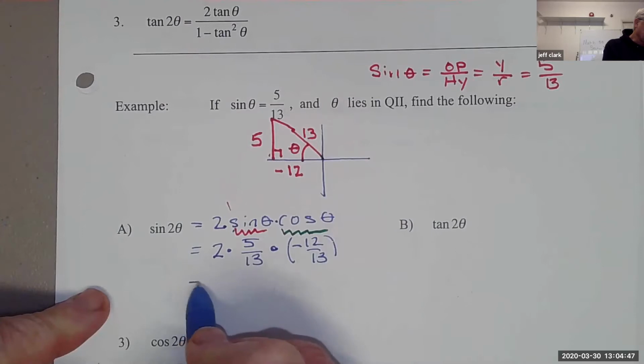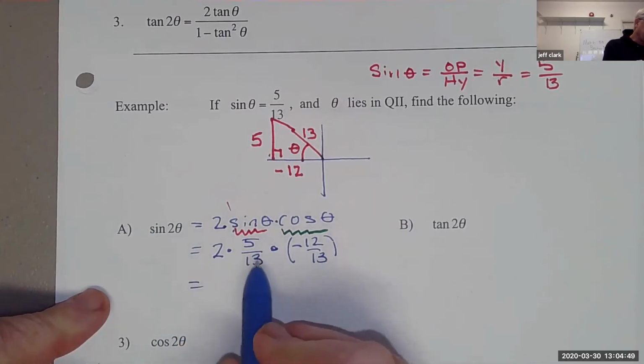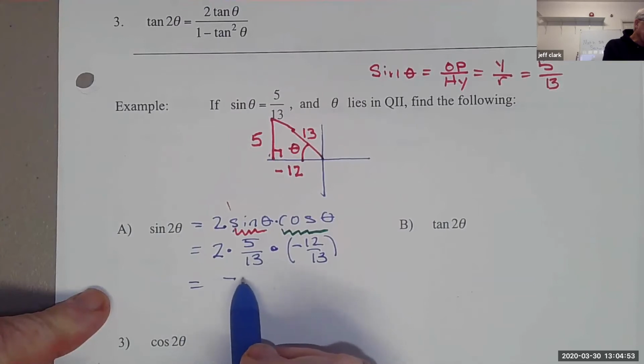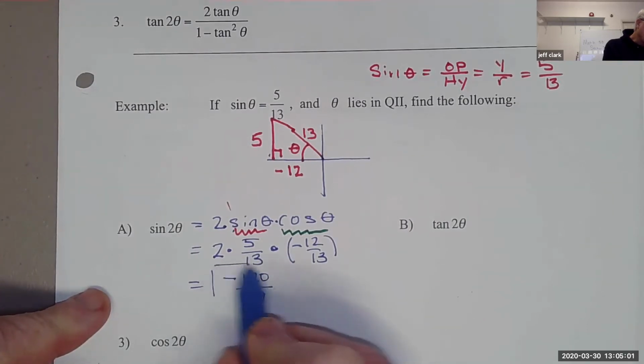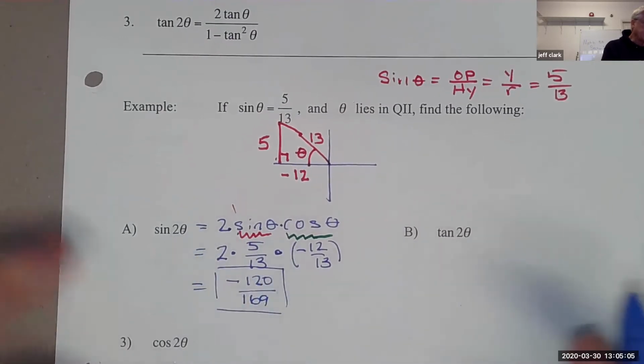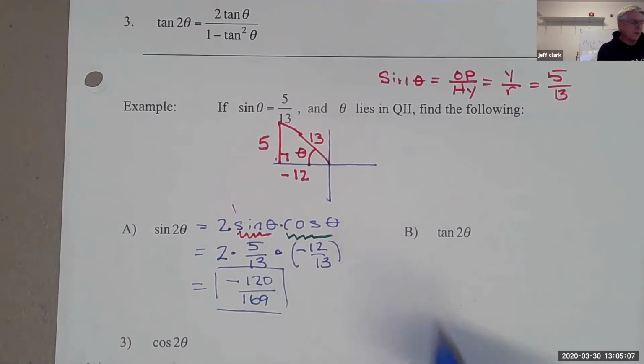Multiplying straight across, you get negative 120 over 13 times 13, which is 169. There's no way of checking this. You can't put just that in your calculator by itself. You have to trust the formula works.